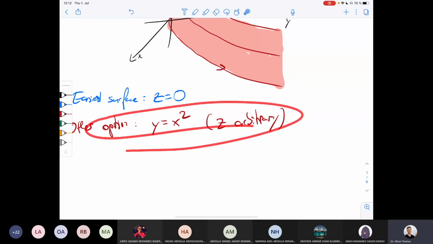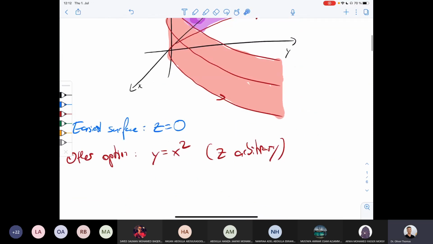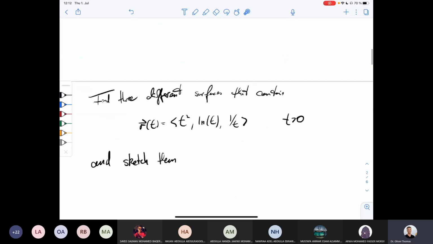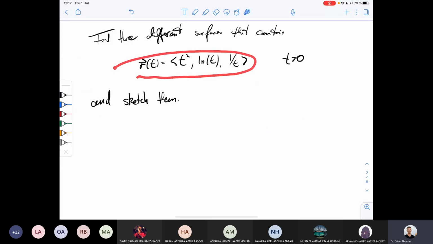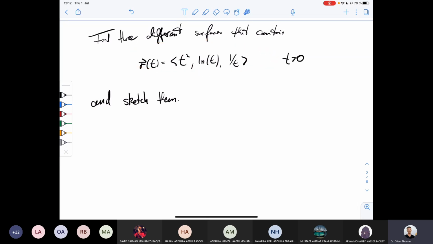Now, after we've seen this pretty simple example, I'd like us to move on to one that is a bit more complicated. And this time we're looking at the following curve, which is given by (t squared, logarithm of t, 1 over t). And I want you to find 3 different surfaces that contain this curve.